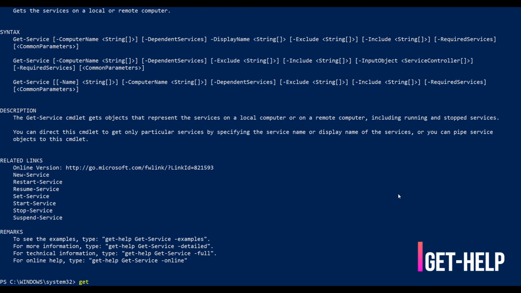Let's say Get-Service, and I'll use the third syntax as an example in this. So I know a service which is called Workstation, and as the first parameter I have passed hyphen Name.